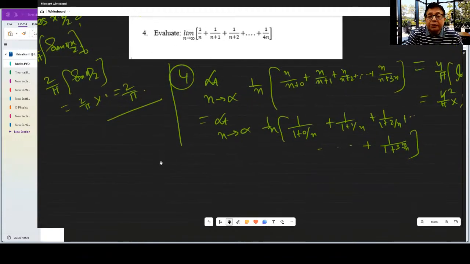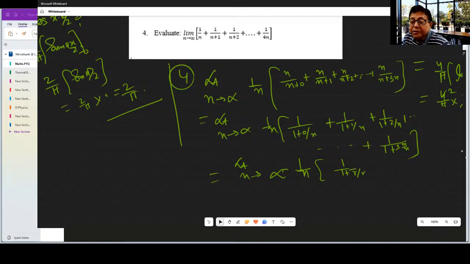So what to do? Whenever this kind of thing is there, this coefficient you take as the upper limit. 0 to 3, no, you write in summation form first. That also for descriptive. You can write the answer directly. So limit 1 by 1 plus r by n, but then it is 3 times r by n.